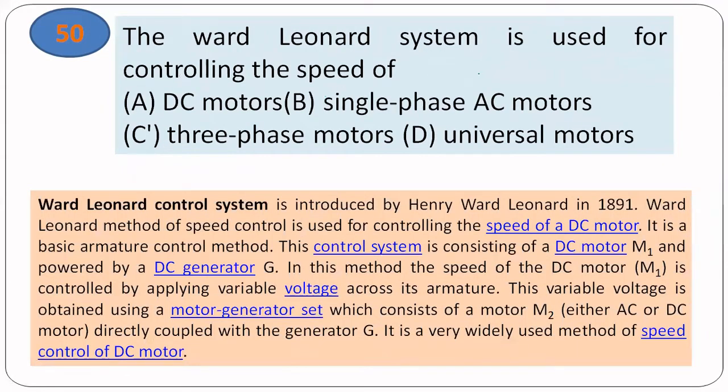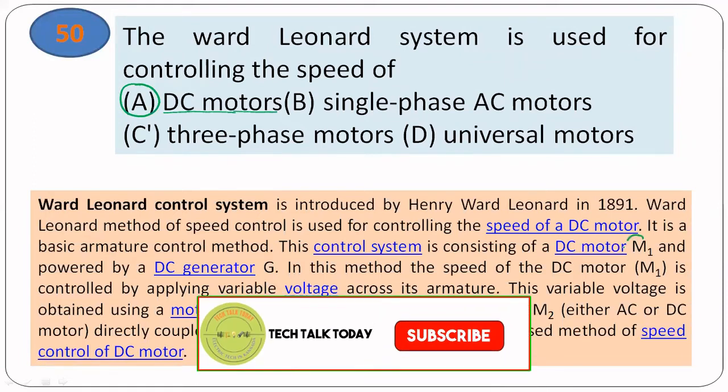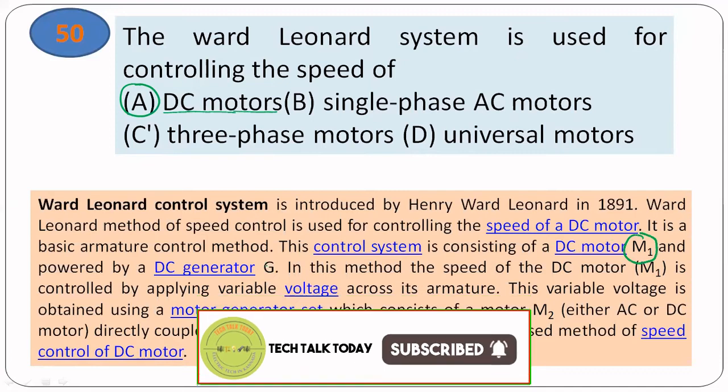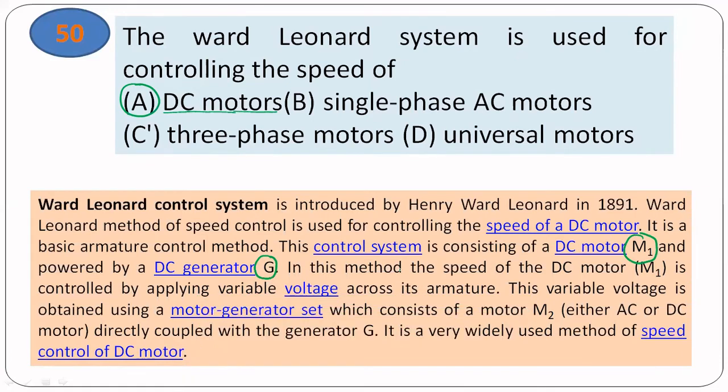Next is about the Ward-Leonard system, which is used for controlling the speed. Generally, this Ward-Leonard mechanism is a very basic mechanism used for the speed control of DC motors. As we can understand here, this is a basic control system which uses motor M1 powered by a DC generator G. In this method, the speed of motor M1 is controlled by applying a variable voltage across the armature, and the variable voltage is obtained by using another motor-generator set with an M2 motor.